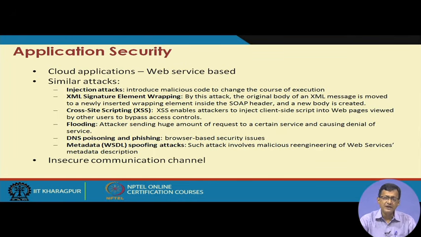At the application level, most cloud applications are web based, right. So, similar types of attacks are still prevalent in application level cloud security: injection attacks, XML signature element wrapping attack, cross site scripting attack, flooding, DNS poisoning and phishing, and metadata attacks like WSDL spoofing.